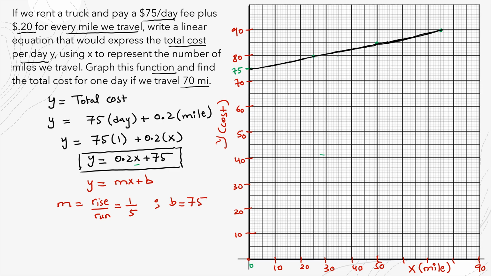Now, once we have done that, the final thing they are asking us is to figure out the total cost if we travel 70 miles. Now, there are two ways of doing that. One is I just directly go to the graph. On my horizontal, I have 50 here, this is 60, and this is the 70 miles.